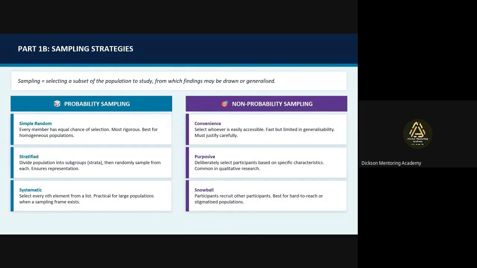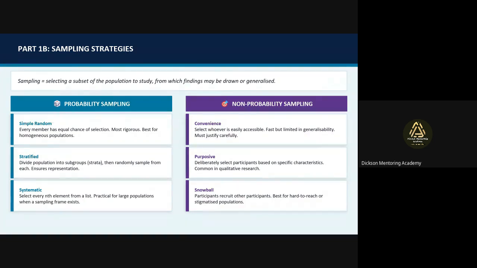It is the most rigorous and best for a homogeneous population. If you are dealing with a homogeneous population, the best sampling method is random sampling, because choosing one over the other does not really matter. Everyone has equal chance of being chosen.